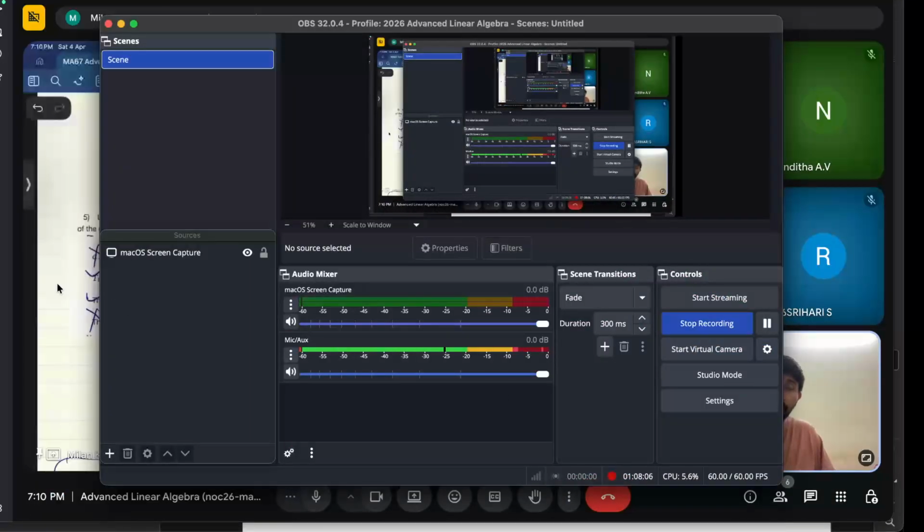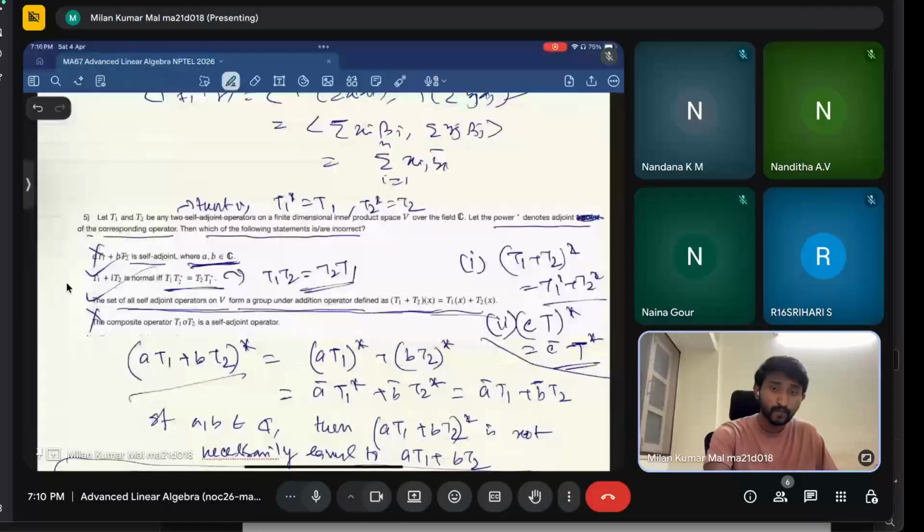Or even if I go ahead a little bit to the next problem, you can still ask at that point. I'll go back and explain it again. Okay. I hope it is clear. If there is still any doubt, you can let me know. I'll try to explain. Okay. I'm going to the next problem.